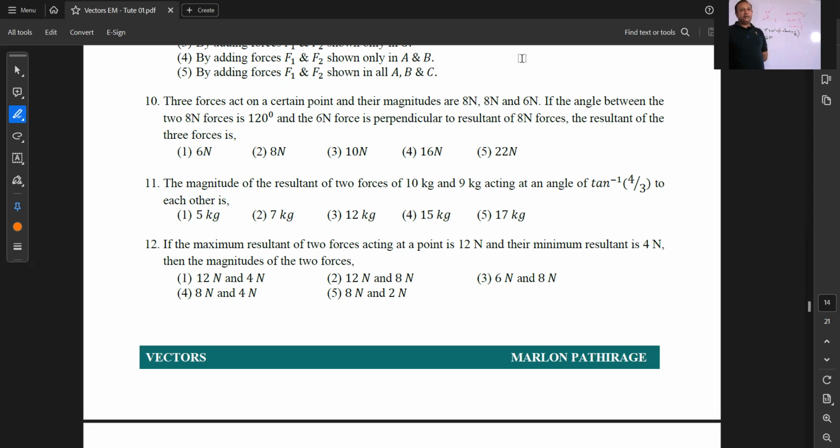How to get that? Tell me, what is the argument? If the maximum resultant is 12 and the minimum is 4, then I have to find the two forces.